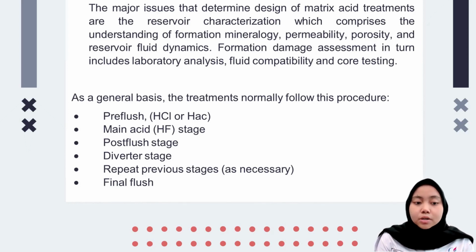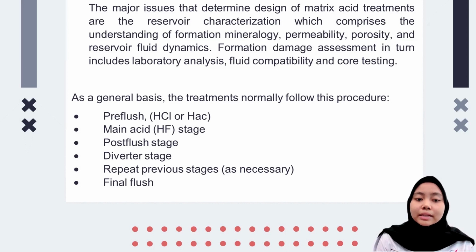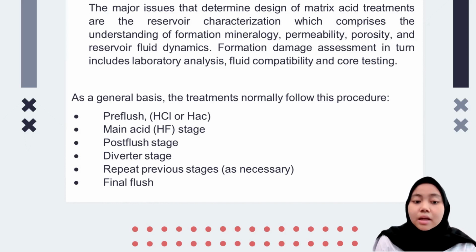The third, post-flush stage, an after-flush phase to remove the spent acid, keep the wettability in its original state, and clean the formation. The fourth, diverter stage. In practice, acid and diverting agents are pumped in alternating stages: first acid, then diverter, then acid again, then diverter, and so on.